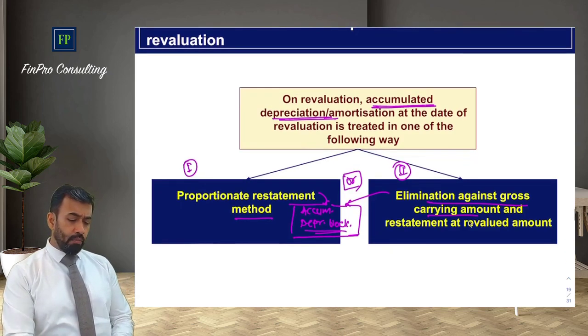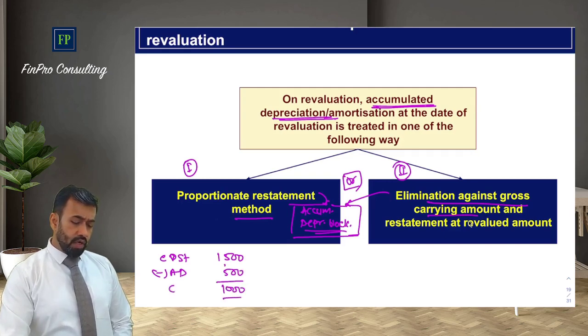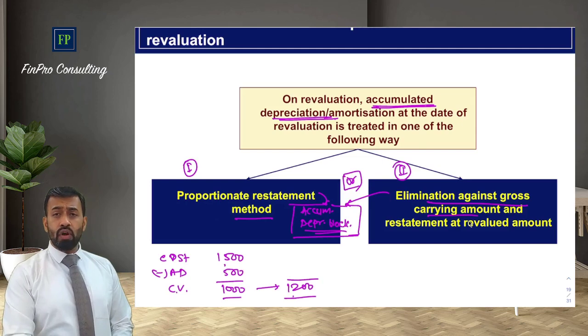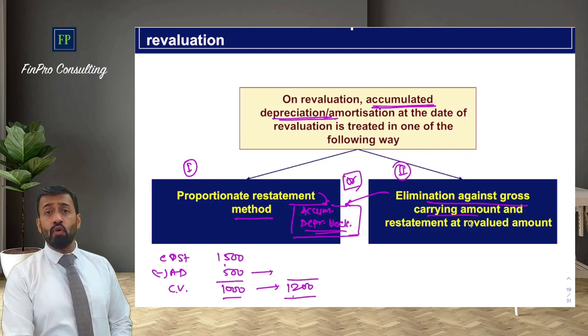So for example, proportionate restatement. My cost is 1500 in our example, less accumulated depreciation of 500, carrying value is 1000. This was restated to 1200. So this is 1.2 times. So this will be restated proportionately.